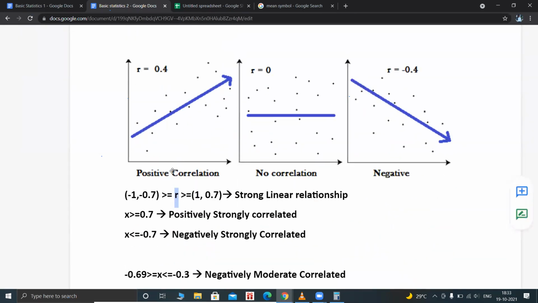Basically I'm finding how my values are related to each other. If I increase one value, how it affects the other value, right? That's what I want to find out.